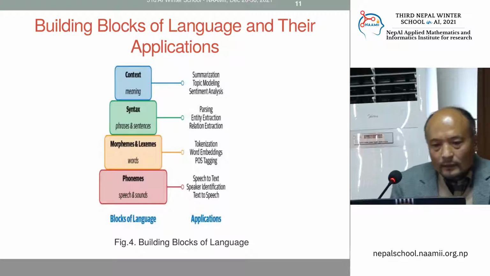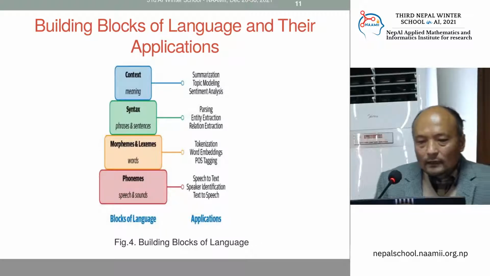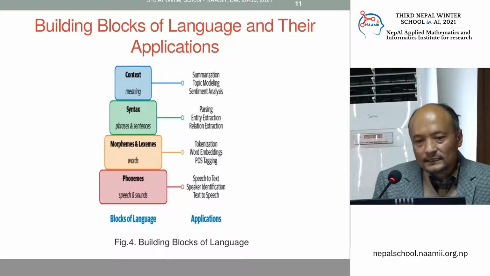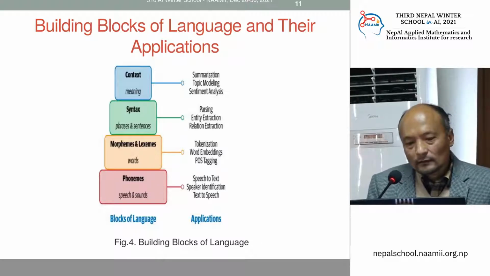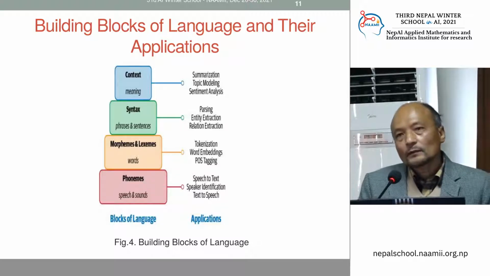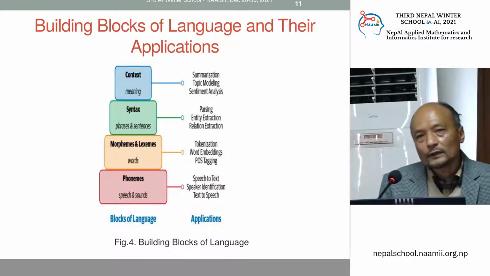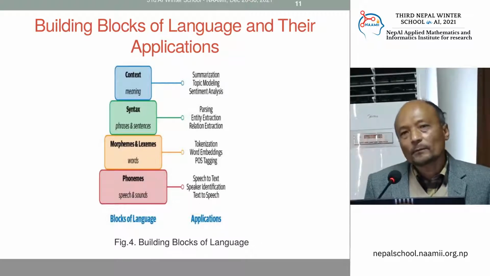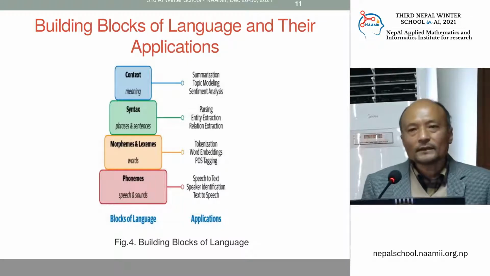So the other building block of language is context and contextual meaning. We wouldn't understand in the very first place if we just have the word bank, for example, which is a polysemous word, meaning it has multiple meanings.